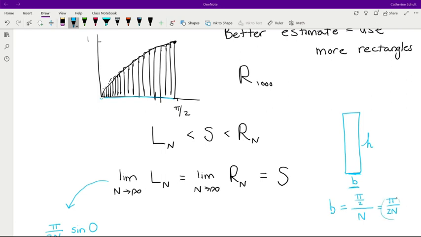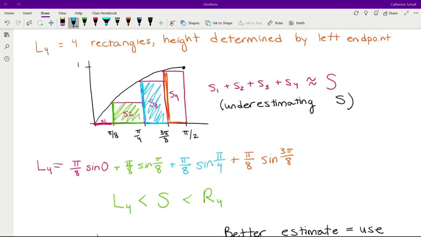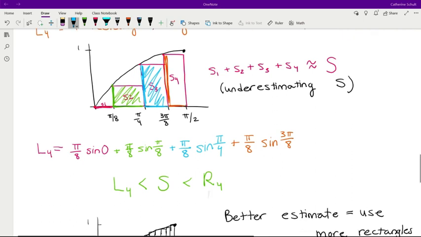Or pi over 2n. Just like right here, when we had 4, the next rectangle started at pi over 8, the width of the rectangles. And then the next square started at 2 copies of pi over 8. And then the next square started at 3 copies of pi over 8. And then the last square happened at 4 copies of pi over 8.